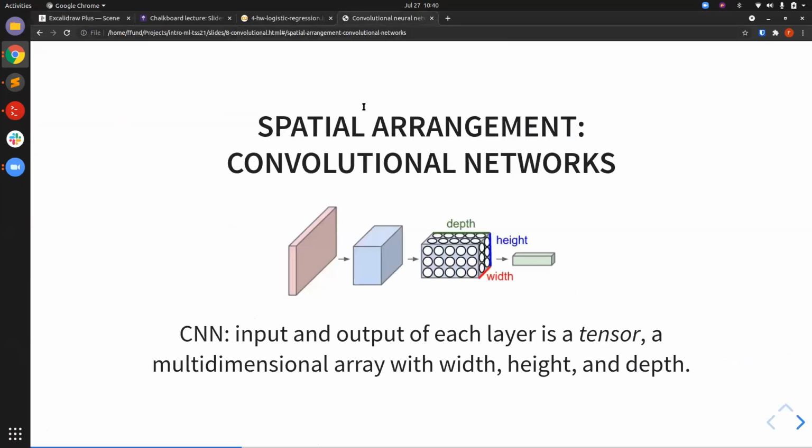Then at each layer, I'll apply this convolution, which we'll see in a moment, to the input tensor, and I'll produce an output that also has a height and a width and a depth. So I preserve the spatial arrangement of the image. So I can learn features that depend on certain pixels having writing in them near one another. Let's see more about how that works.